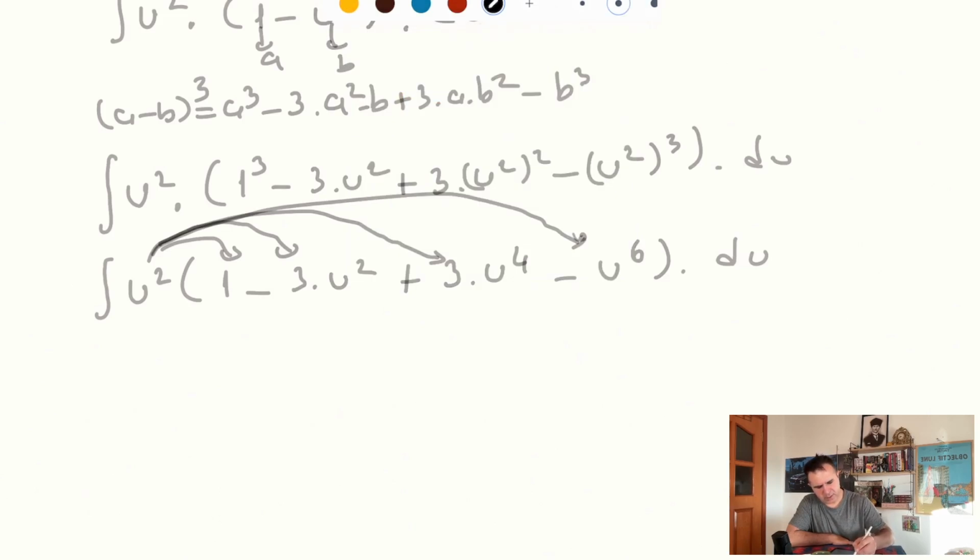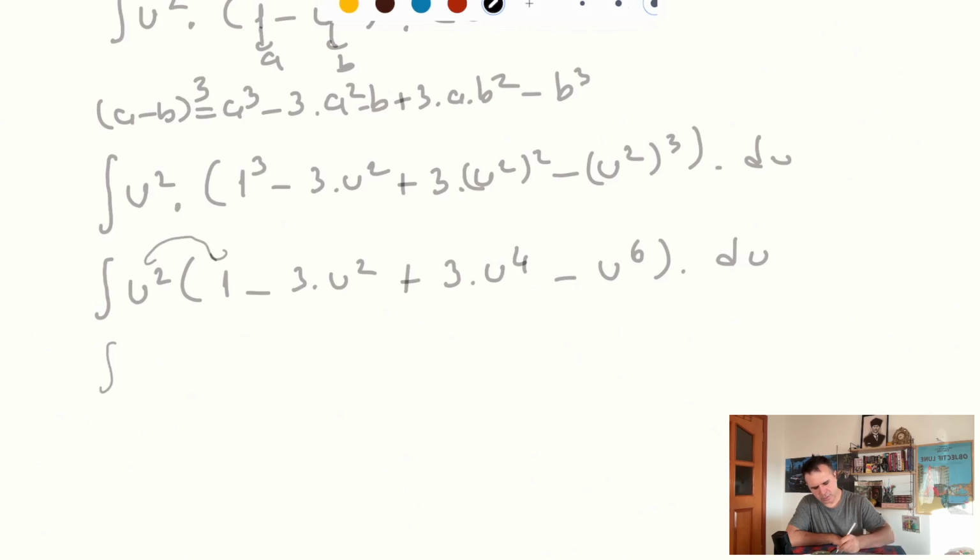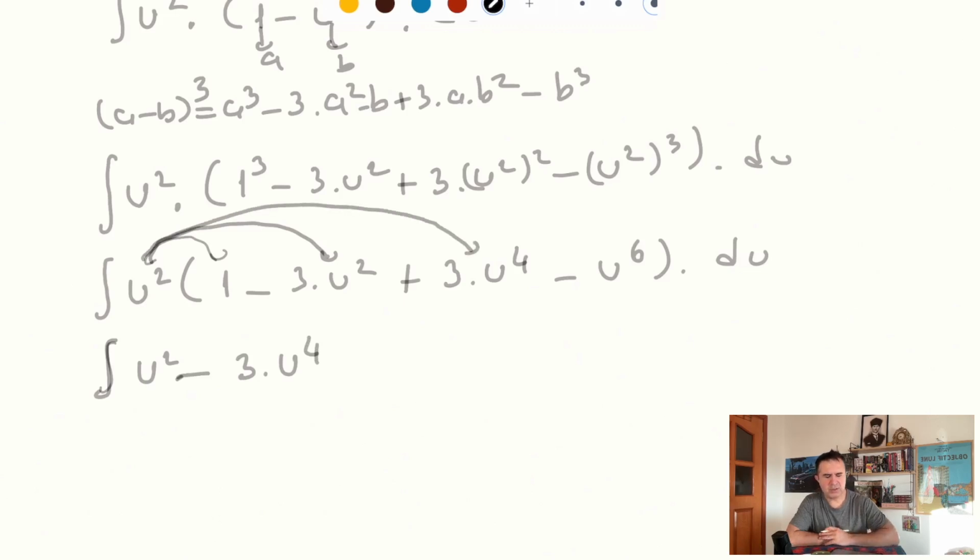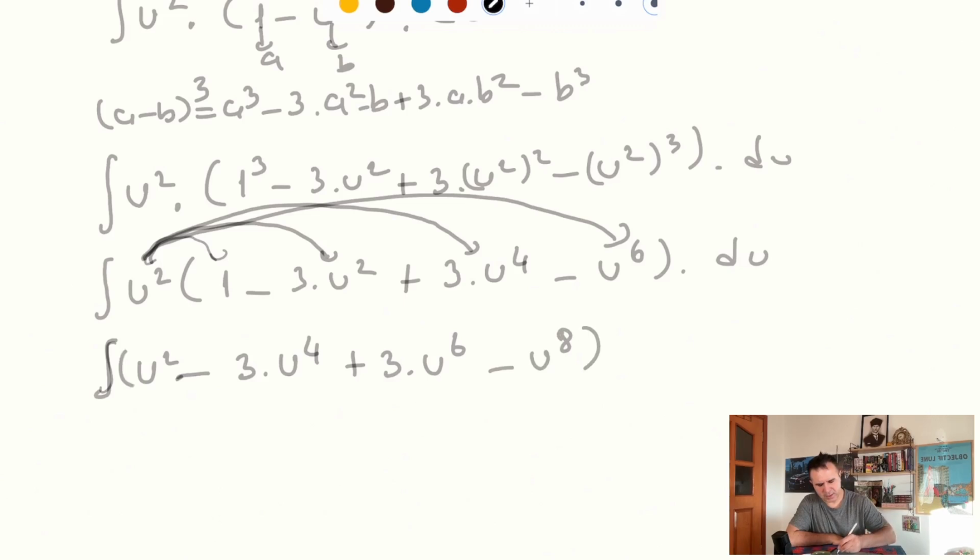Let me write it one by one. u² multiplied by 1 is equal to u². u² multiplied by minus 3 u² is minus 3 times u to the power of 4. u² multiplied by 3 times u⁴ is plus 3 times u to the power of 6. And u² multiplied by u⁶ is minus u to the power of 8 du.